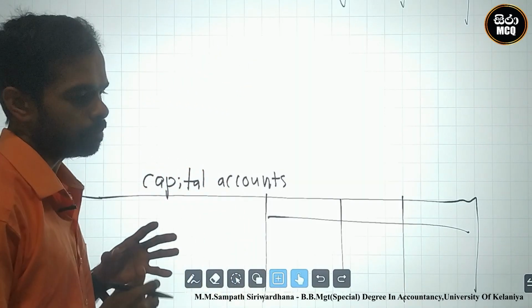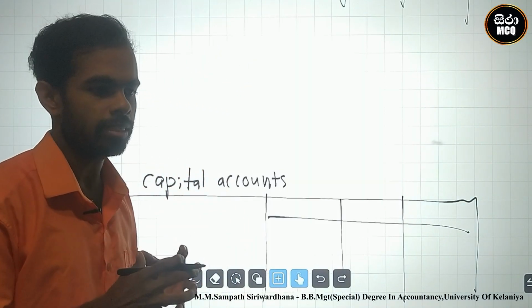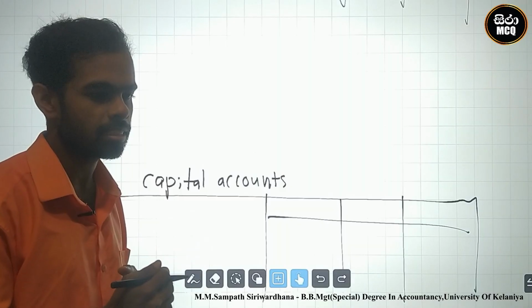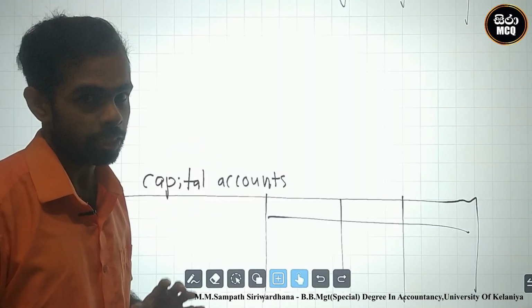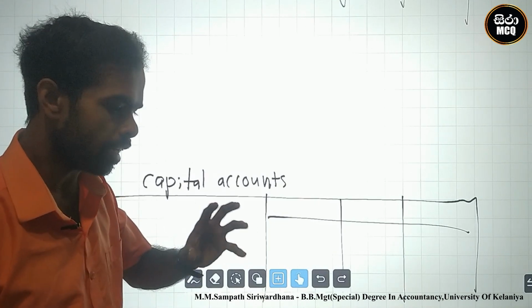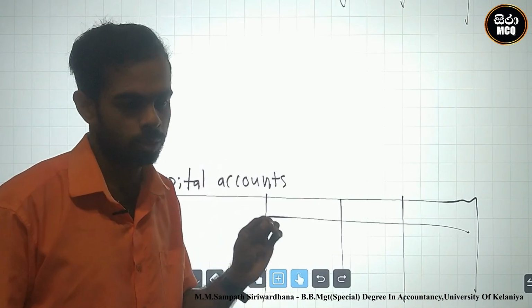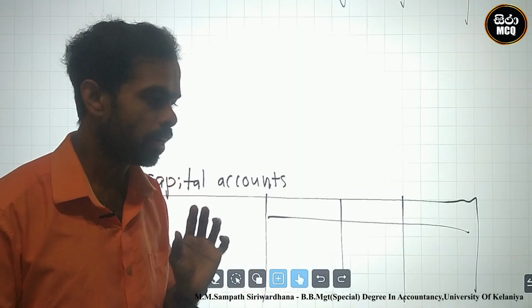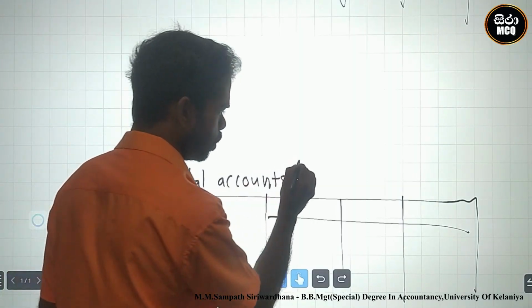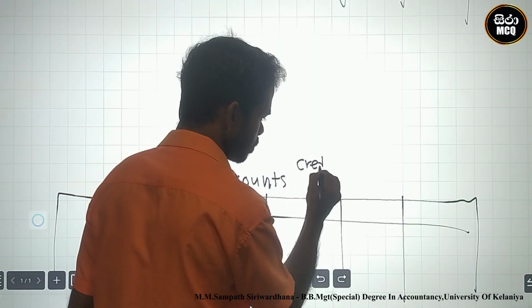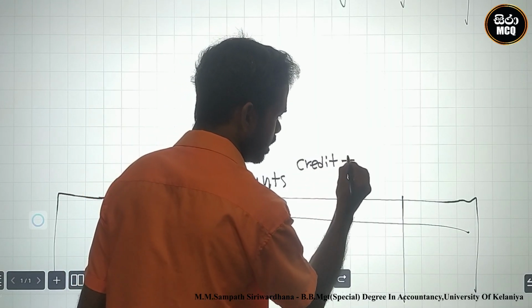At that time, I use plus and minus, increase and decrease. I do not enter the credit and debit sides. I record increase and decrease. Why? Capital accounts are credit balances. Therefore, all credit sides I add to this account.